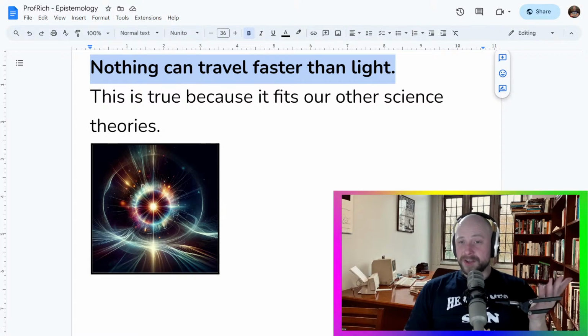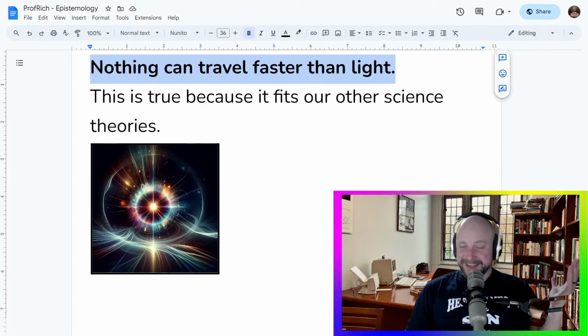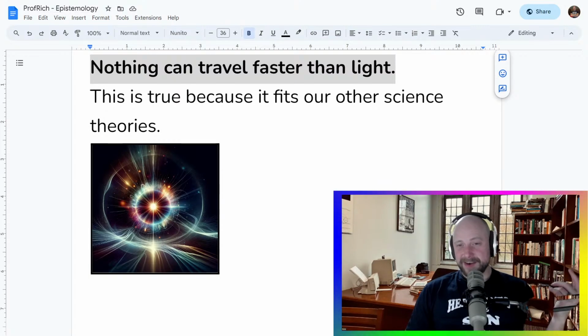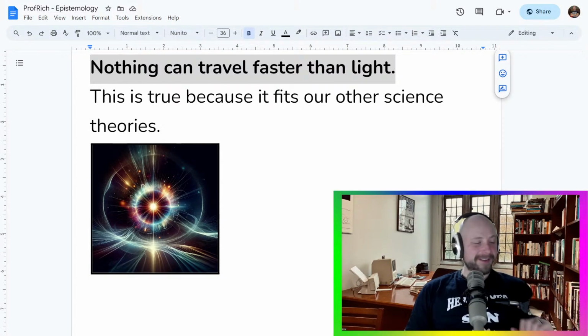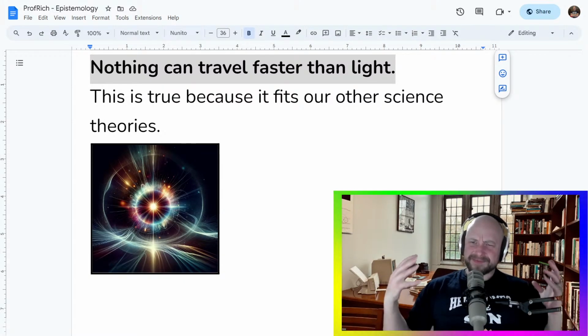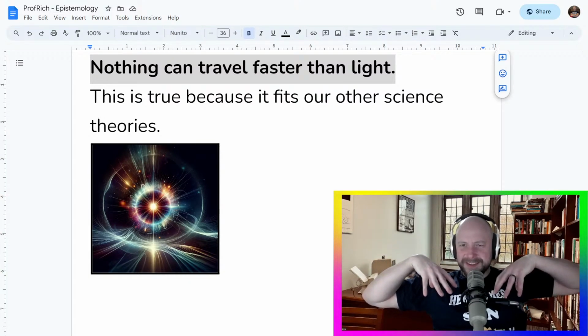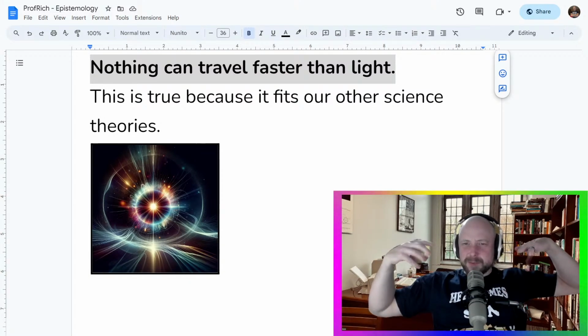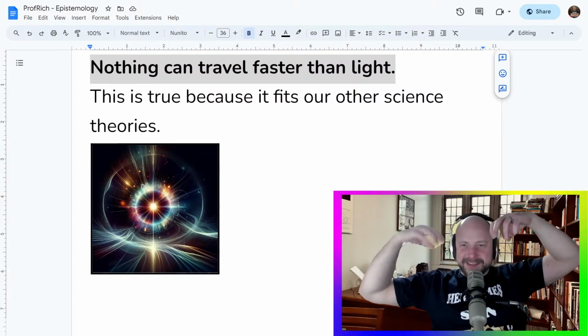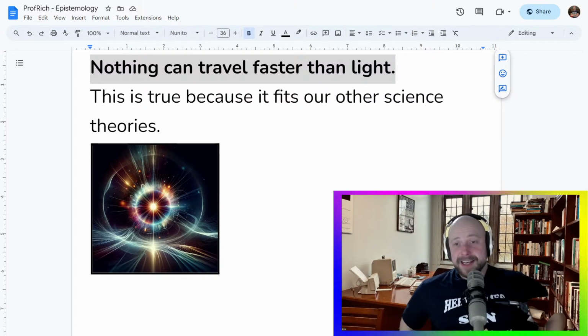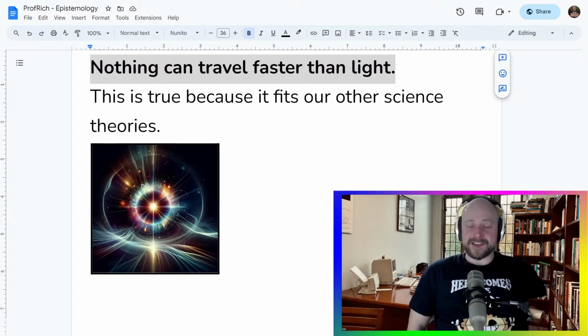This theory also has similar problems to the previous one. So the coherence theory does have similar problems to the correspondence theory. It's a little bit circular because that means we're adding truths that fit our truths, which means we're just adding things that fit. But you know, science really does this a lot, actually.